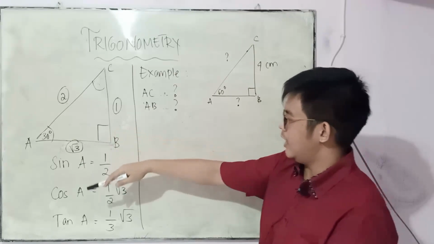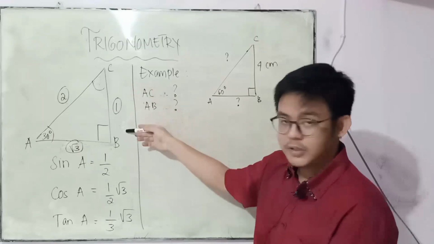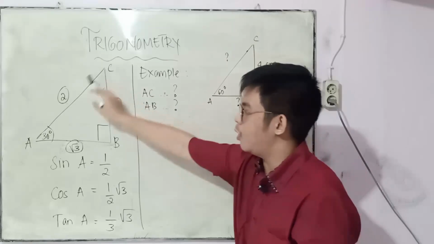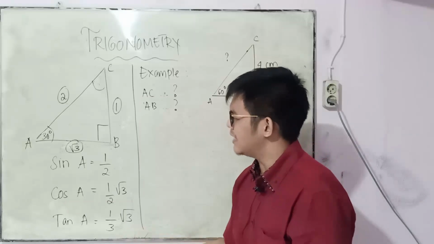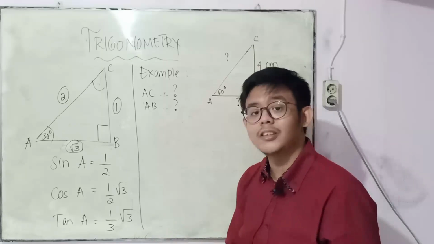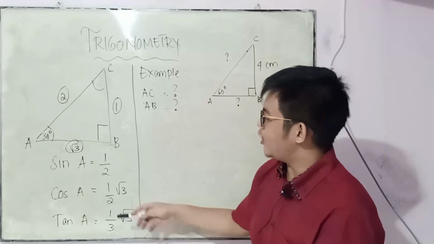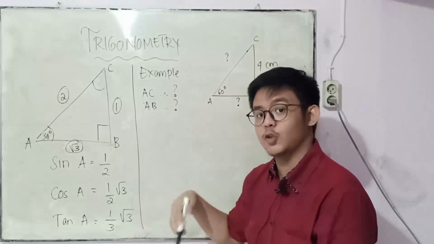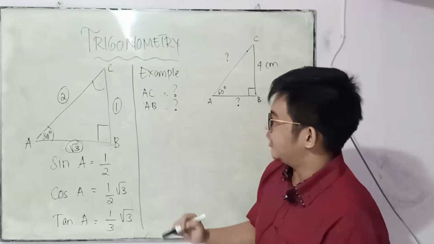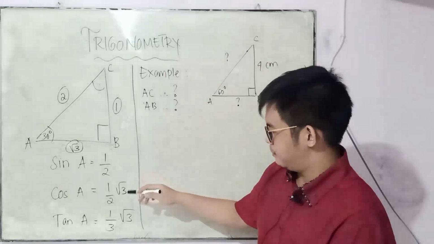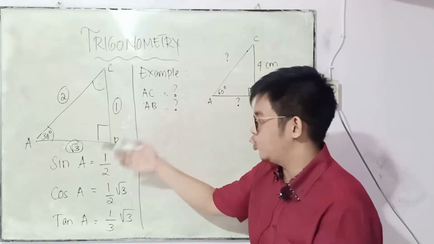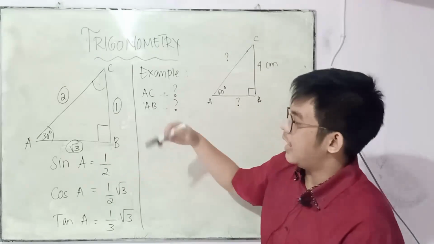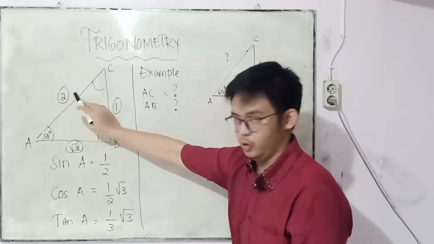As you can see in here, the opposite side is 1, and the hypotenuse is 2. And what about the cosine A? The cosine A is cosine 30 degrees, and the value is half times the square root of 3. It means that the adjacent side is going to be the square root of 3, and the hypotenuse side is 2.